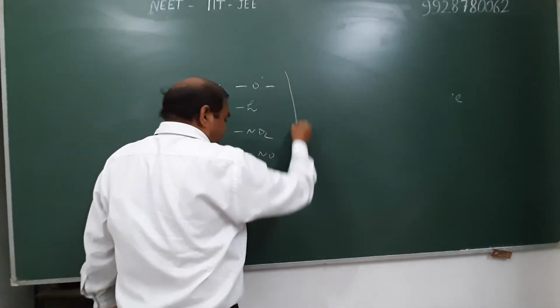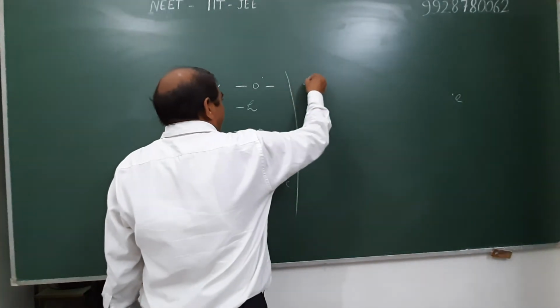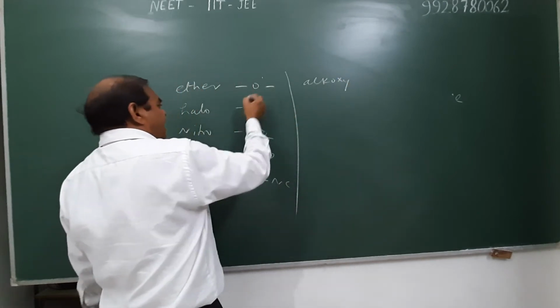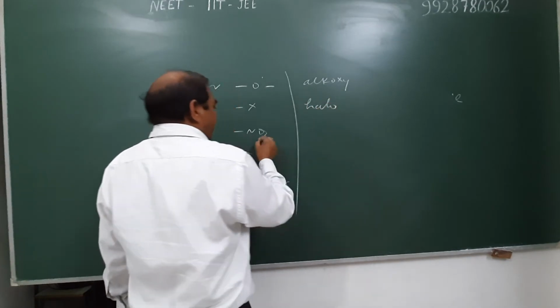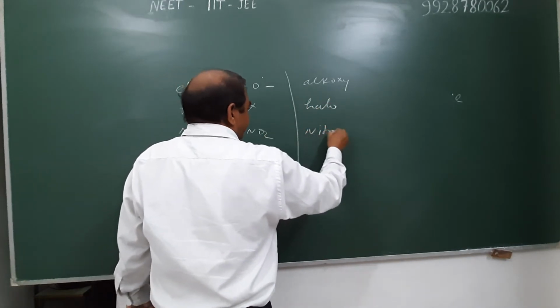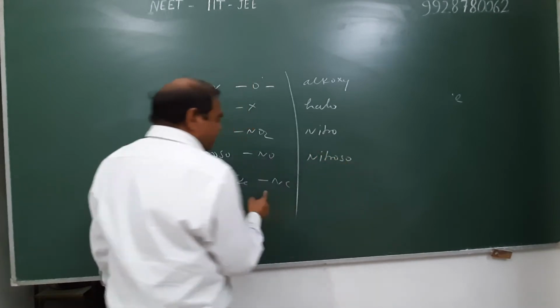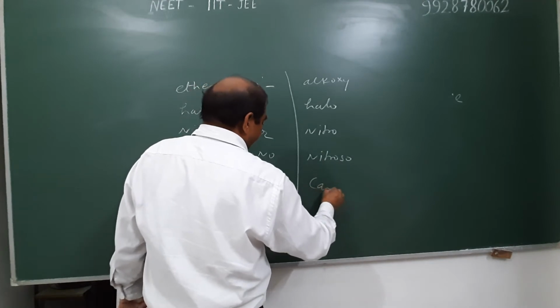These functional groups are treated as substituents and their name is alkoxy. In case of halogen, the name is halo. In case of nitro, it is nitro, and in nitroso, nitroso. And in case of isocyanide, the prefix is carbylamino.